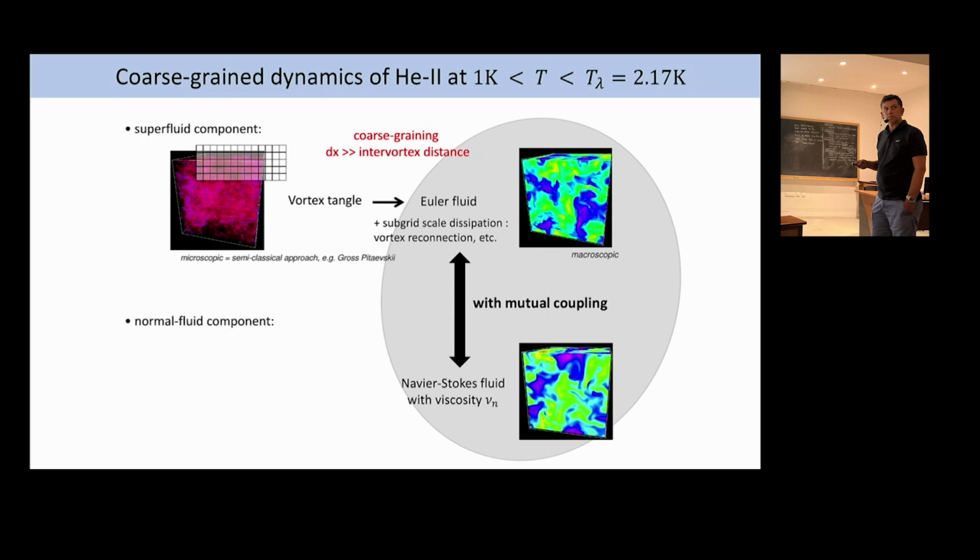We model the dynamics of the vortex tangle by an Euler fluid, and we have to add to this inviscid Euler fluid some subgrid scale dissipation process related to vortex reconnection, Kelvin waves, etc. For the normal fluid component, we consider that it is driven by the Navier-Stokes equations with some kinematic viscosity. And the two components are coupled with a mutual coupling.